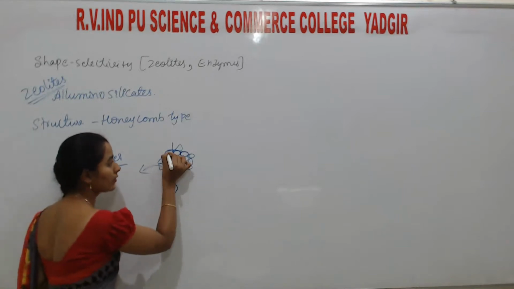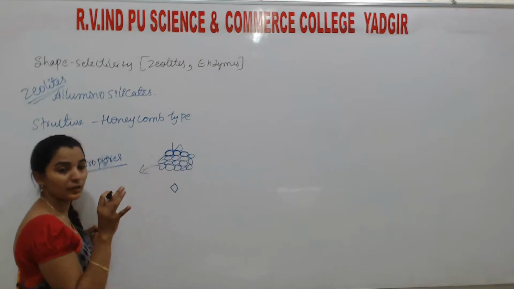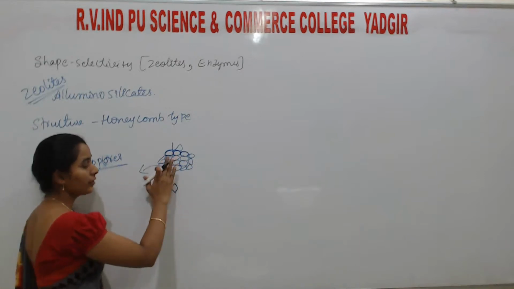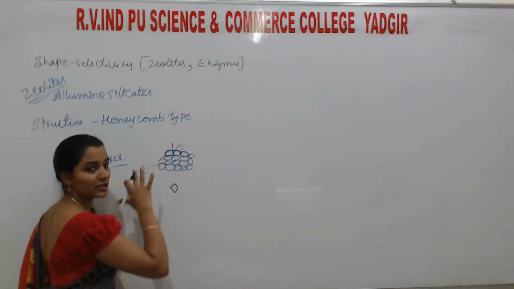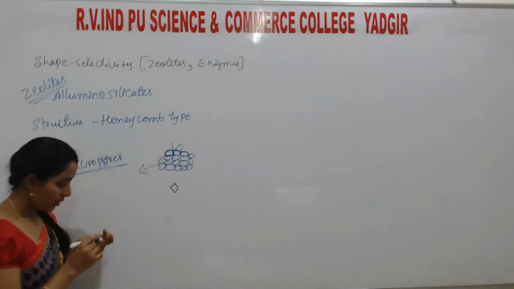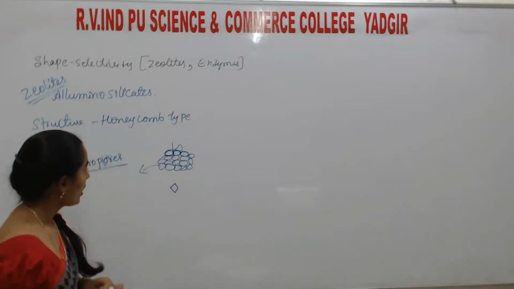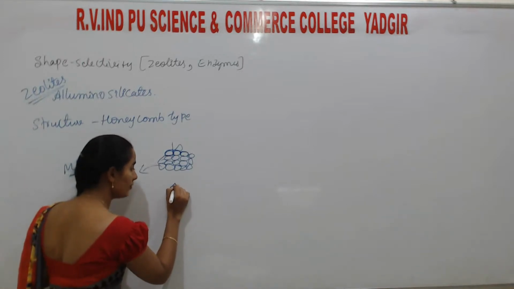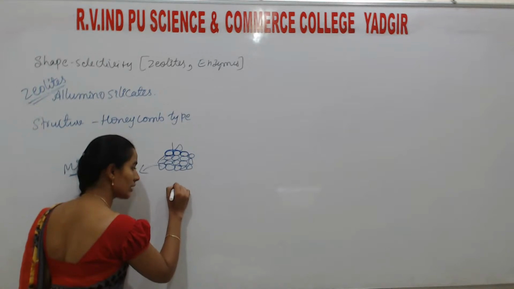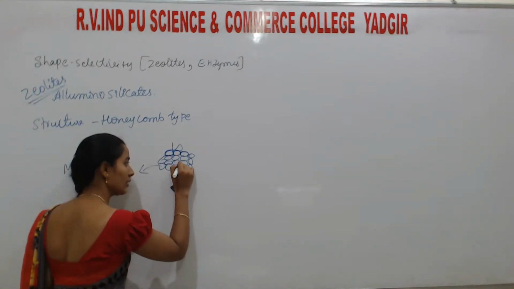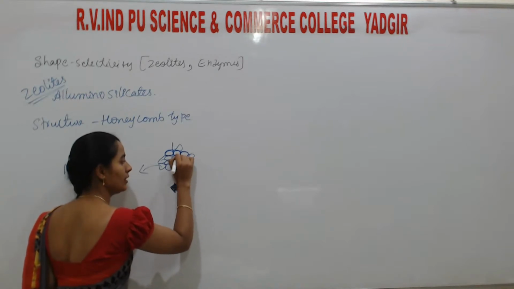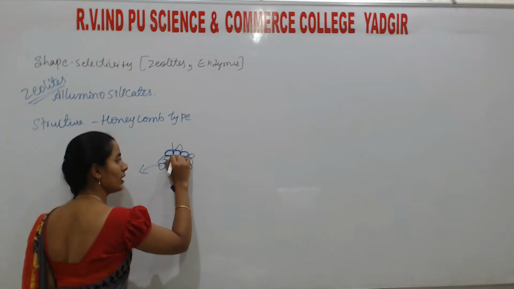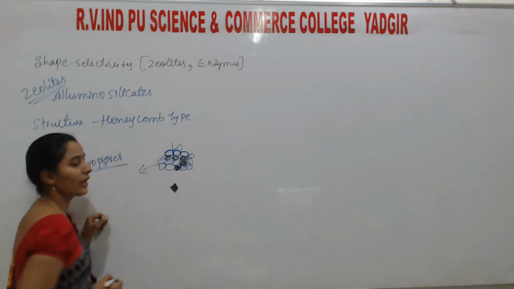Understand? Here the adsorption shape selectivity means, for example, this is a solid, any catalyst you assume, and any gaseous molecule is adsorbed in it. Then what happens? In the shape of this, the gaseous molecule is collected like this. Are you getting? They are arranged in such a way that they completely fill the gap.